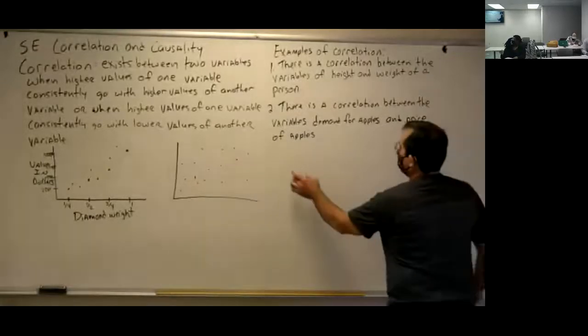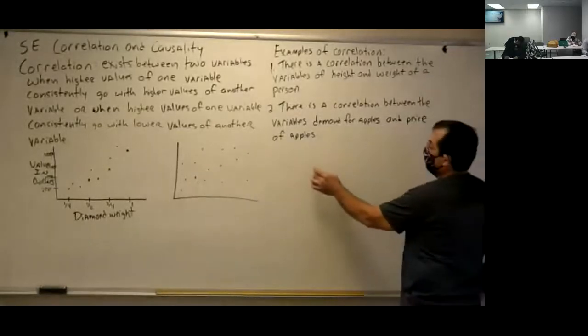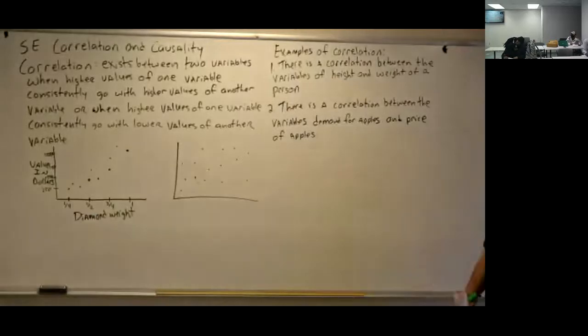So if I have my price going along, it's usually true that as the price increases for apples, the demand will probably go down because they're paying a lot more for these apples. Okay? If the apples were going down in price, then you would expect the demand to increase on those.